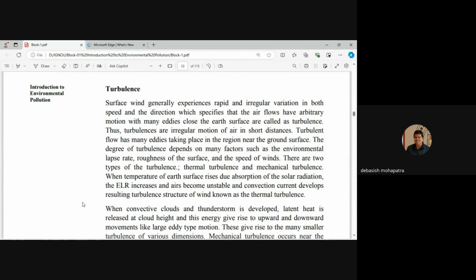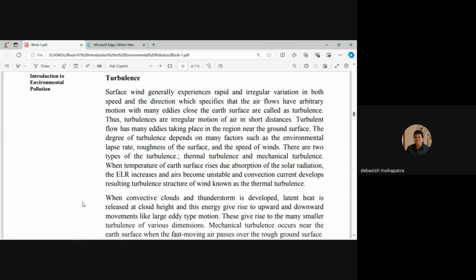Turbulence. We know what is turbulence. This is the movement of the air within a layer or around the layer. Rapid and irregular variation in both speed and direction, which specifies that the air flows have arbitrary motion with eddies close to the earth's surface, is called turbulence. Turbulence is irregular motion of air over short distances.